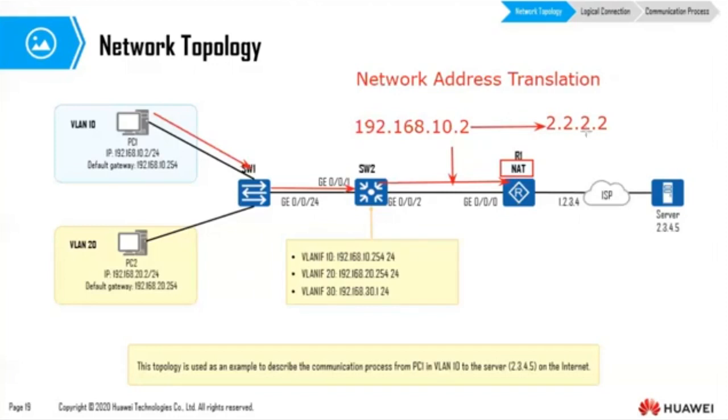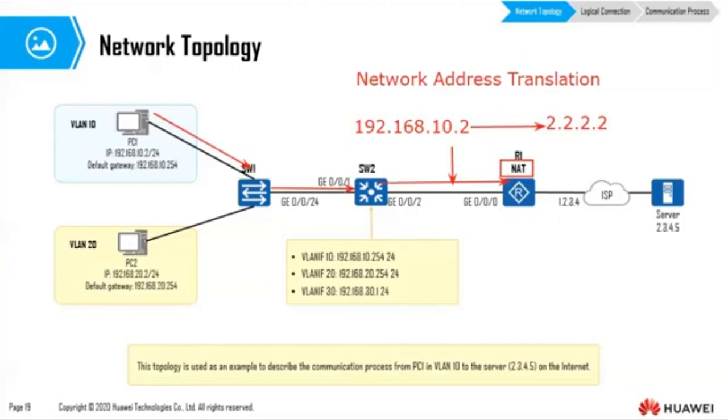One of the NATing methods uses what we call port address translation. It's called network address port translation, NAPT. So instead of just using the IP address, it also uses the TCP port numbers to map between public and private IP addresses.